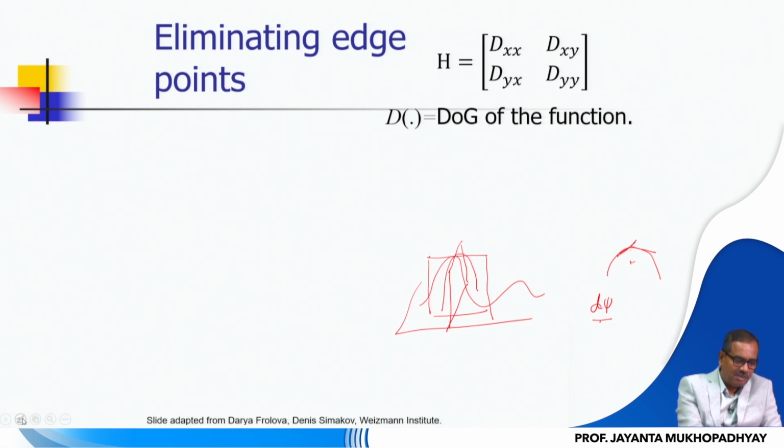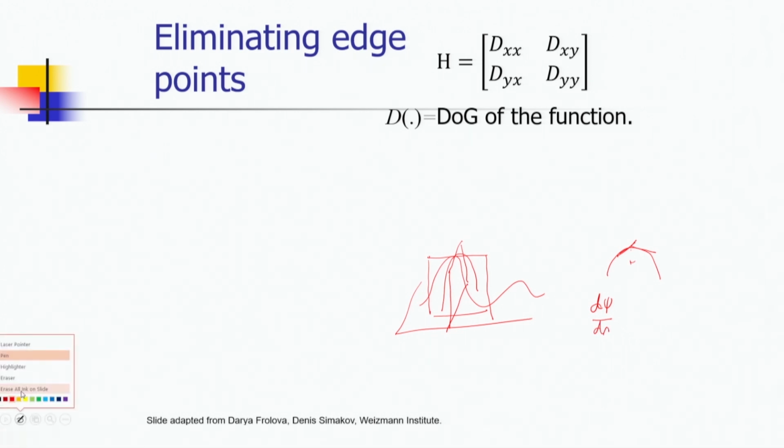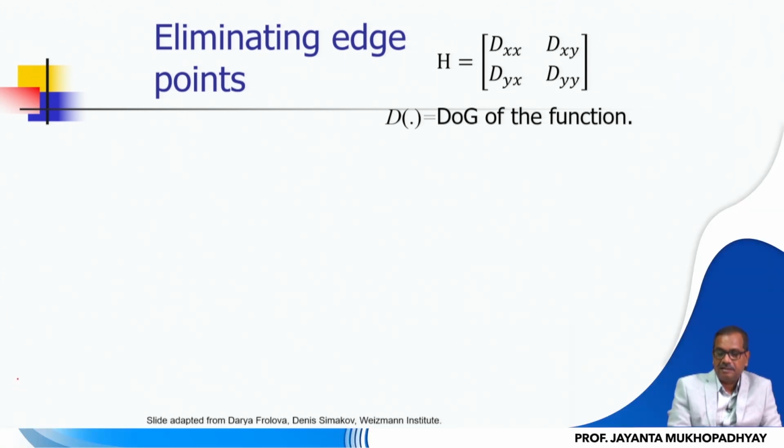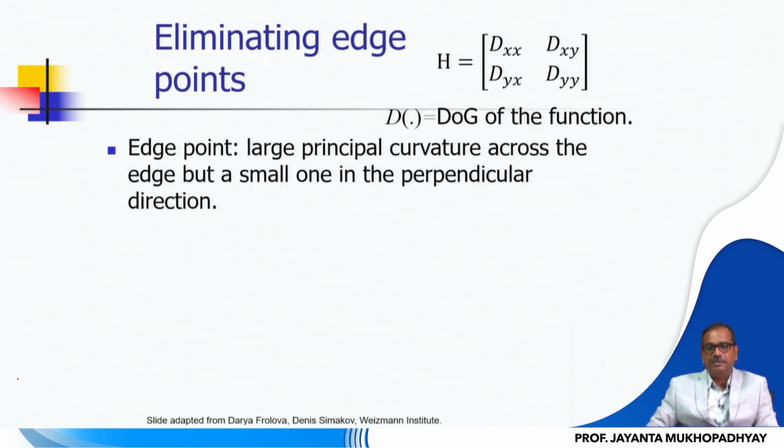That is what is used here to eliminate some of these key points. Edge points have a large principal curvature across the edge, but a small one in the perpendicular direction.